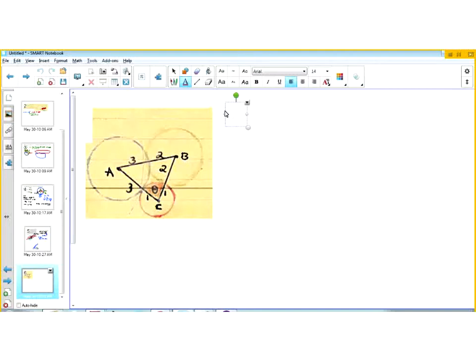Here's the illustration for it. Three circles with radii 1, 2, and 3 feet are externally tangent to one another.